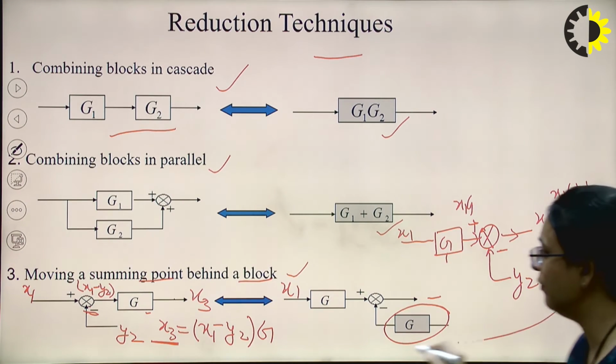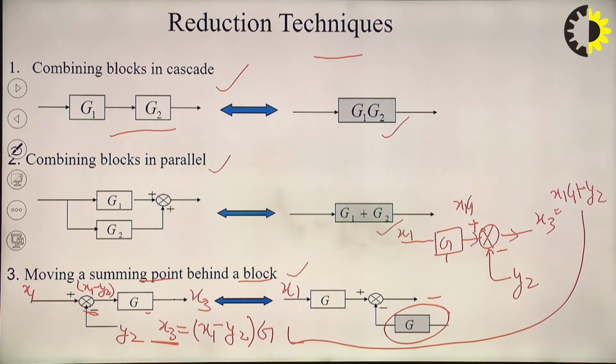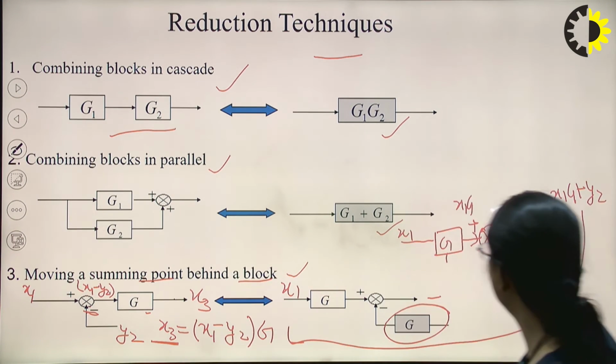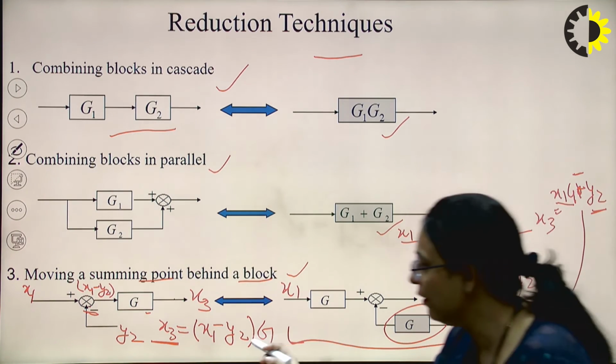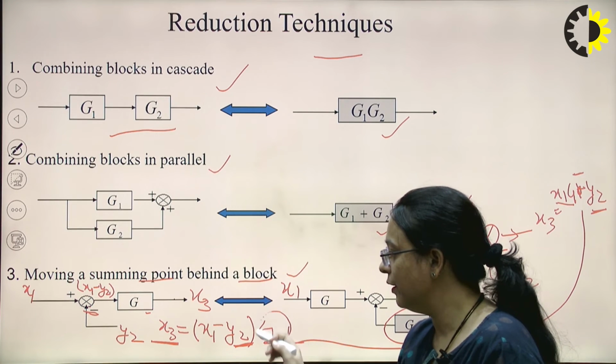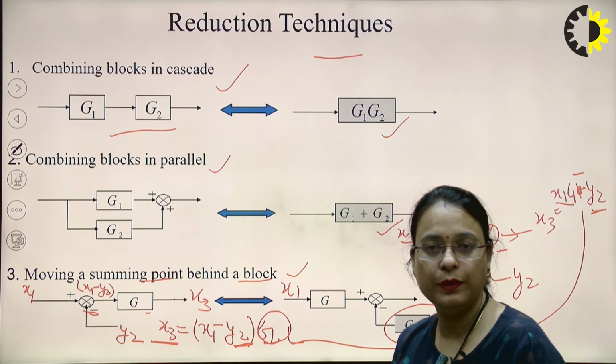So you can see the difference between the two outputs. x1 into g is already present, but y2 here is alone, while in the original we have a block g multiplied with y2.